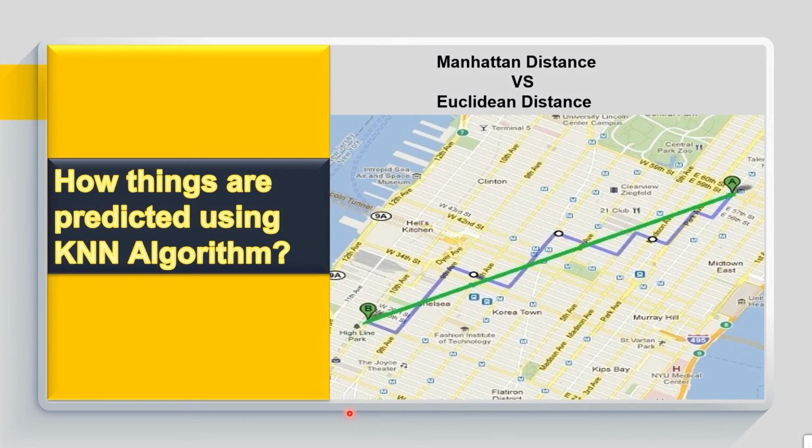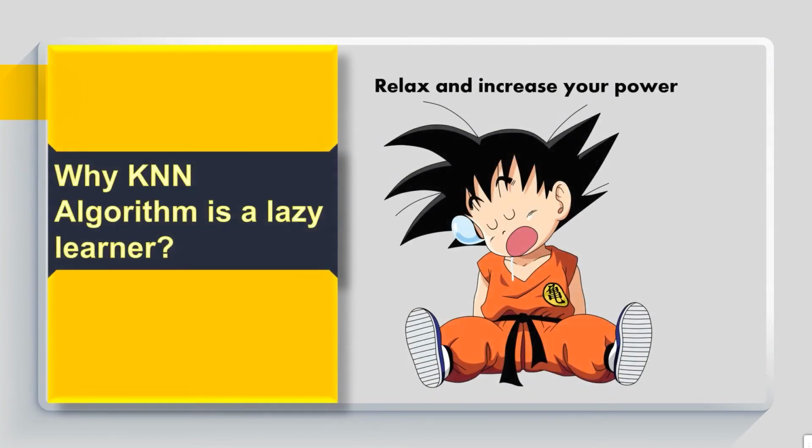But before we drill down to the coding part, let me just tell you why people call KNN a lazy learner. KNN for classification is a very simple algorithm, but that's not why it is called lazy. KNN is a lazy learner because it doesn't learn a discriminative function from the training data.